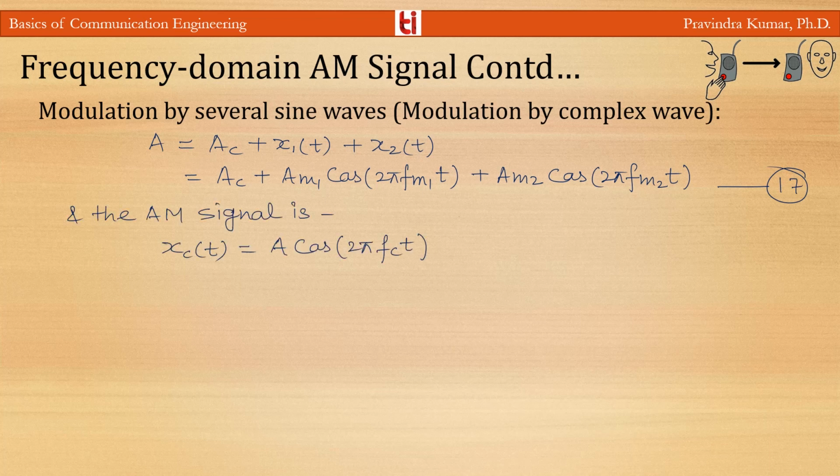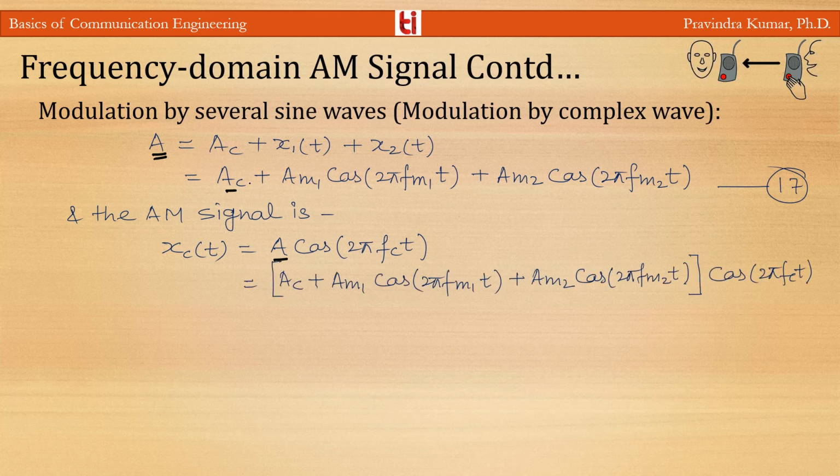And the AM signal, x_c(t), is A cos 2 pi fc t. A is the amplitude of the signal, and we have calculated that the amplitude of the AM signal is Ac plus x1(t) plus x2(t). So it will be equal to Ac plus Am1 cos 2 pi fm1 t plus Am2 cos 2 pi fm2 t, times cos 2 pi fc t.